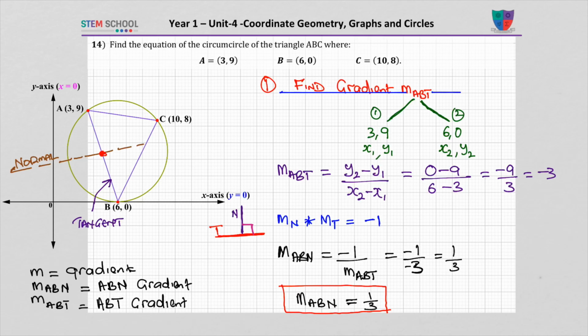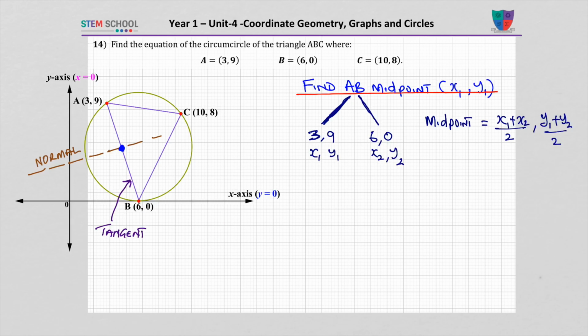Now we need to find the coordinate of the midpoint of AB. To find the midpoint of AB, here's the midpoint here. A has coordinate 3, 9 and B has 6, 0. A midpoint is always x1 plus x2 over 2, halfway between the two x values, and for y, it's going to be y1 plus y2 over 2.